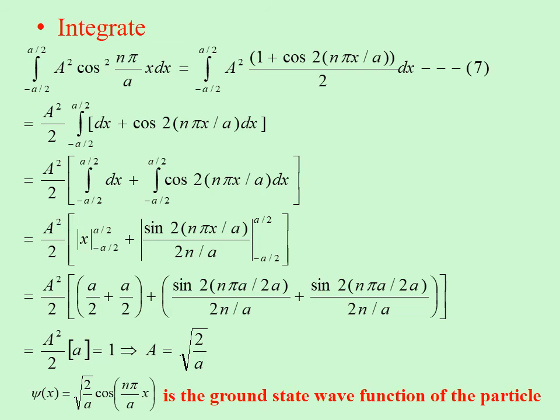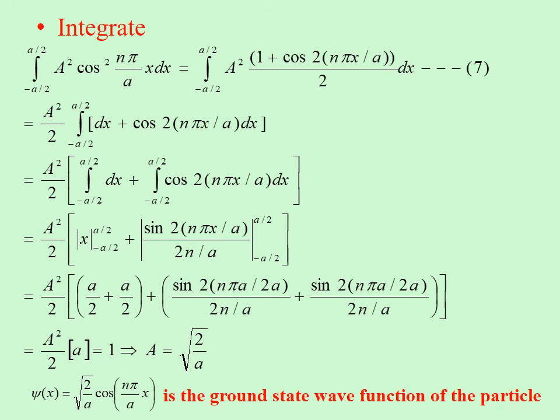Now if you integrate, we can write cos squared x is equal to 1 plus cos 2x by 2. So the integral from minus a by 2 to a by 2, A squared cos squared n pi x by a dx is equal to integral from minus a by 2 to a by 2, A squared into 1 plus cos 2 n pi x by a, whole divided by 2, into dx.